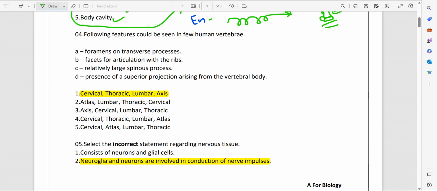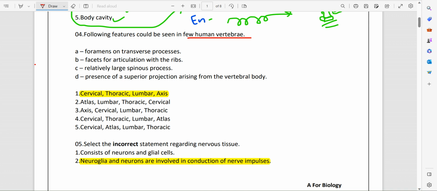The next question: which of the following features could be seen in few human vertebrae? So as I mentioned earlier, knowing the most important features of something and their number is the key to success in the skeletal system part, especially because there are a lot of numbers and some weird unique features present in different vertebrae and in different bones.